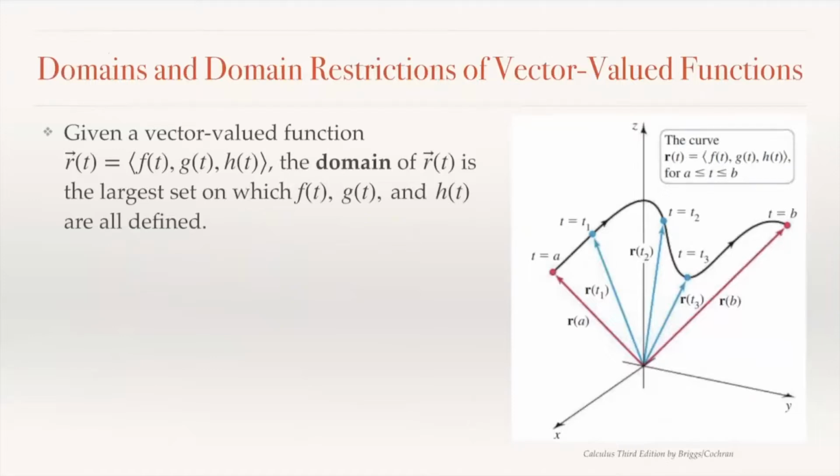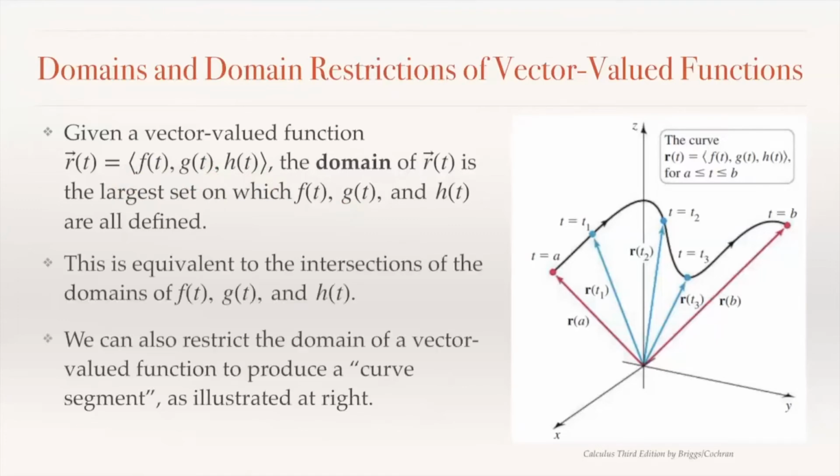Vector valued functions, just as ordinary functions, can have domains. And the domain of a vector valued function, by default, without any domain given, is the largest set on which all of its coordinate components are defined, just as with ordinary functions. And this is equivalent to the intersection of the domains of the various components.